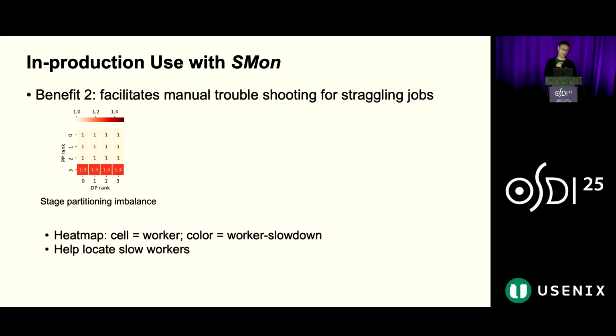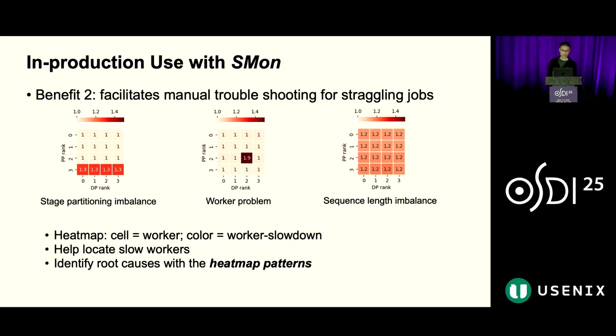The last row in this heat map represents the last PP stage, and that's why it is highlighted in this case. It can also help us identify the root causes by looking at the pattern of the heat map. For worker problems, because they should only affect a small number of workers, you only see a few cells highlighted. For sequence length imbalance, which is a problem that uniformly affects all workers, it should highlight everyone.